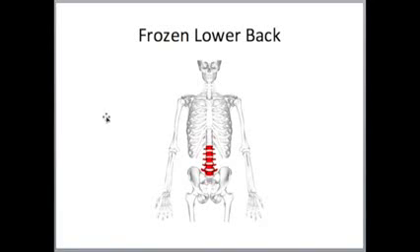It's not a good thing to have a frozen back because 65% of your weight rests on your lower back. See how thick these bones are? It's because most of your weight rests there. Most of your upper body weight rests right here in this area. So now if this area is frozen and the spine is starting to stiffen up because there's no mobility, it puts a lot of strain on this area here.